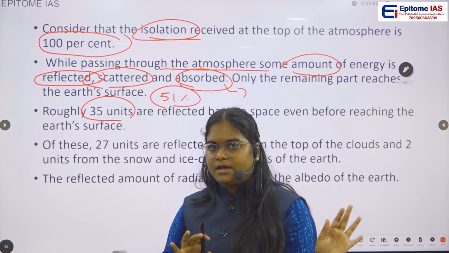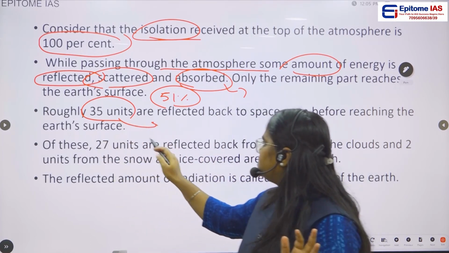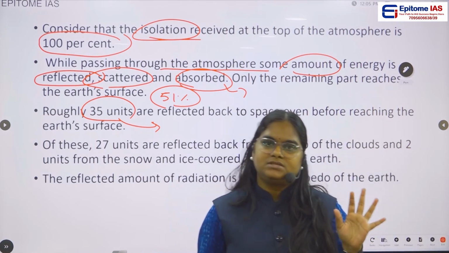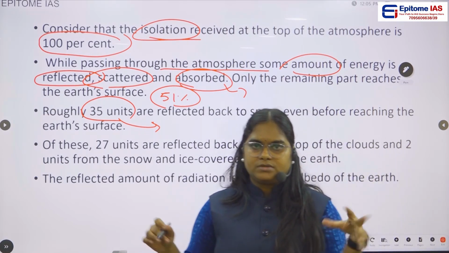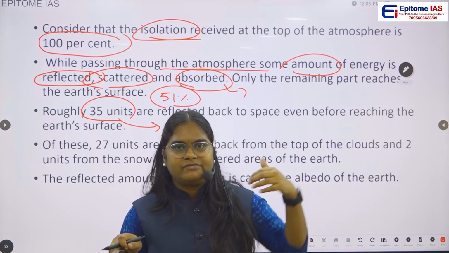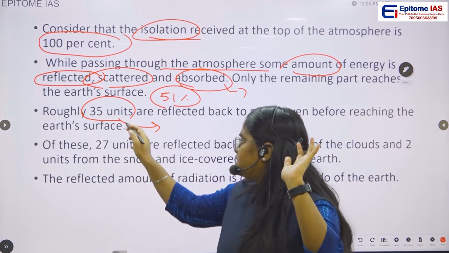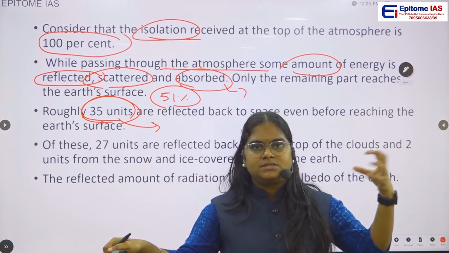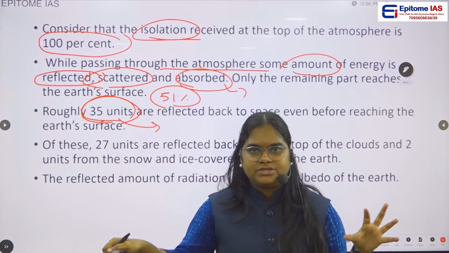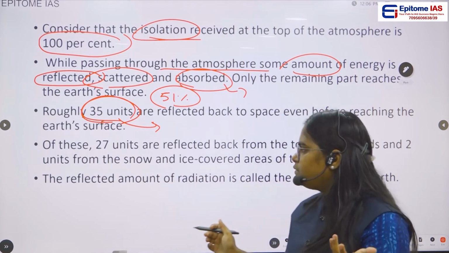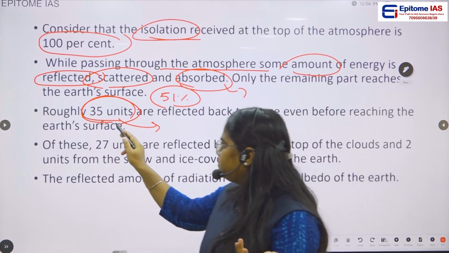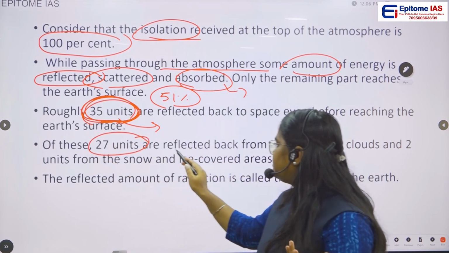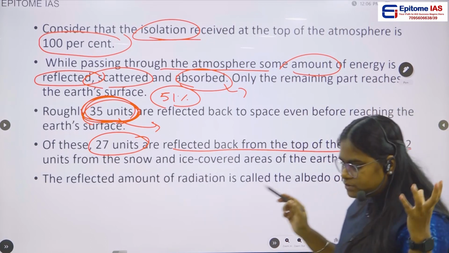Just have an idea. Roughly 35 units are reflected back to the space even before reaching the Earth's surface. So, how much incoming solar radiation is reflected back? That is roughly 35 percentage. Some by the cloud, some by the ice caps and glaciers, and some by other atmospheric gases. So, out of this 35 percentage, 27 percentage are reflected back by the clouds.